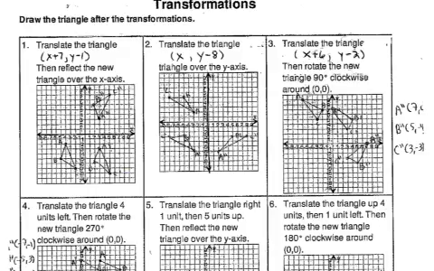So the first thing I would do, here is my original image, and I labeled them A, B, C. First thing I did, I translated X plus 7, Y minus 1. So that means I was moving right 7, down 1. That would result in what I have over here. Once I did that, I was reflecting across my x-axis.